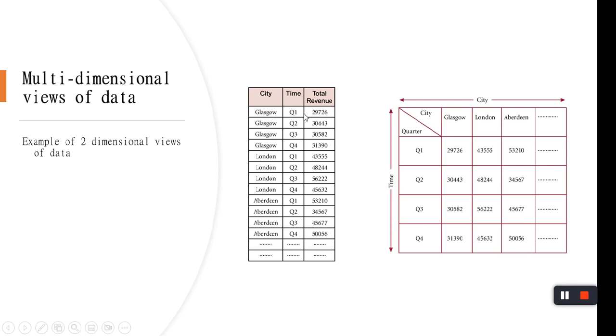So in quarter one, we have this much of revenues. In quarter two, quarter three, and quarter four. For London, another city, we have quarter one through quarter four, and then another city from quarter one to quarter four. So you can show it in this usual table. You could show it this way.